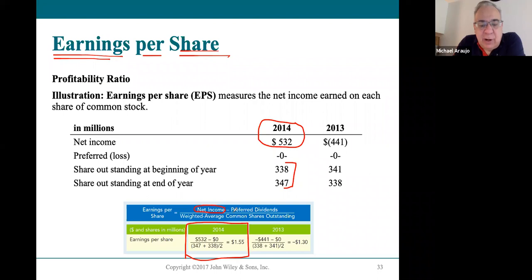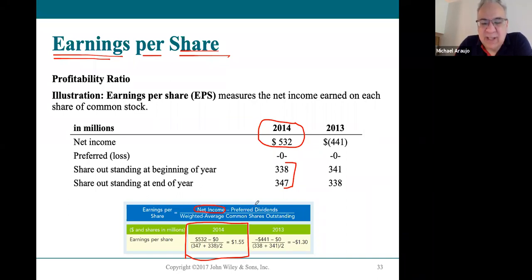Now, there are companies that actually had preferred stock, which we're not going to really look into until chapter 11. Preferred stock basically gets paid a dividend first, and they don't have any voting rights like common shares would have. The problem with this formula is that only about 6 to 7% of companies today have preferred stock.